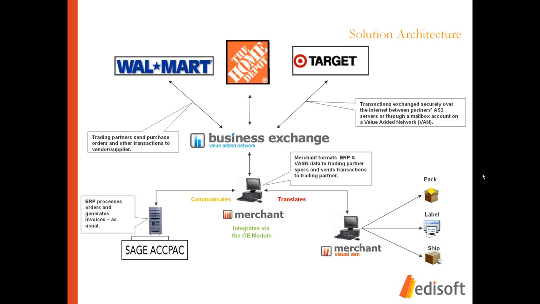And then I will point out in the right lower end of the screen, you will see Merchant Visual ASN that is optimized with Sage ACCPAC ERP and will optimize picking, packing, and shipment of goods. And those goods will be shipped according to both the EDI specifications of the trading partner and the GS1 standards. So at this time, I've provided an overview of the features and functions of Edisoft's Merchant EDI Suite for Sage ACCPAC ERP. And what I would ask at this point is that we move to the next slide.